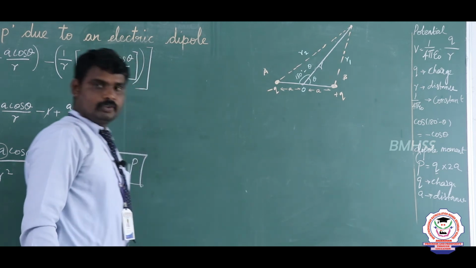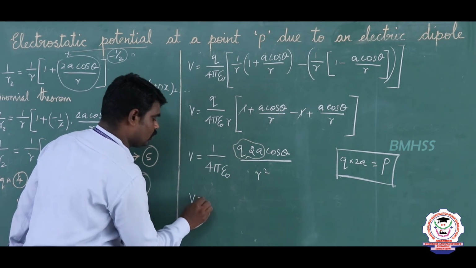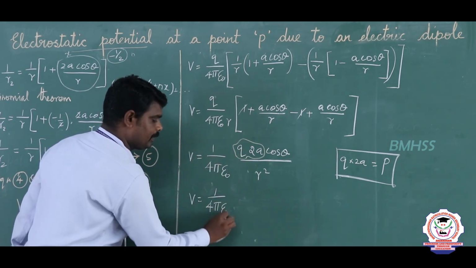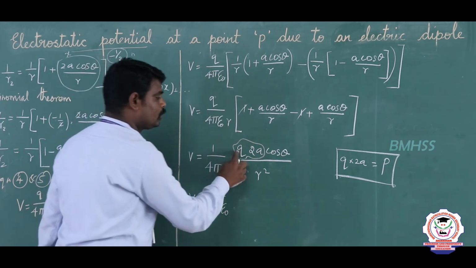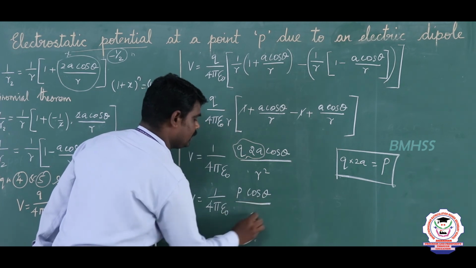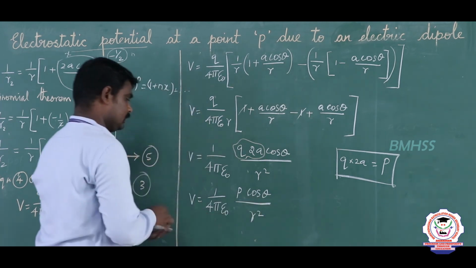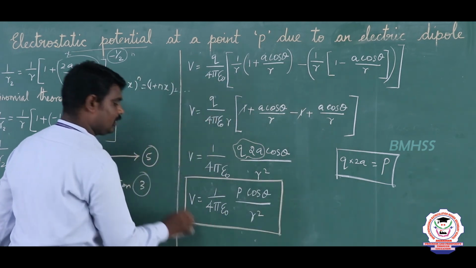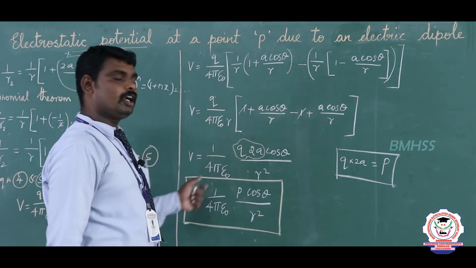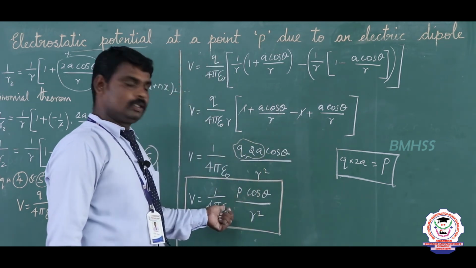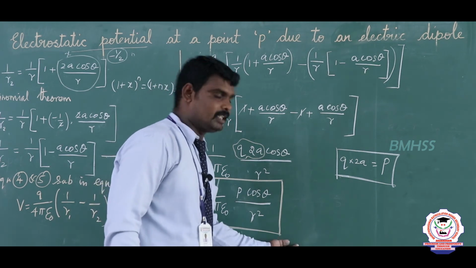Now you substitute: V is equal to 1 by 4 pi epsilon naught, Q into 2A is P, cos theta by R square. Yes, this is our final equation, the equation for the electric potential at a point P due to an electric dipole.